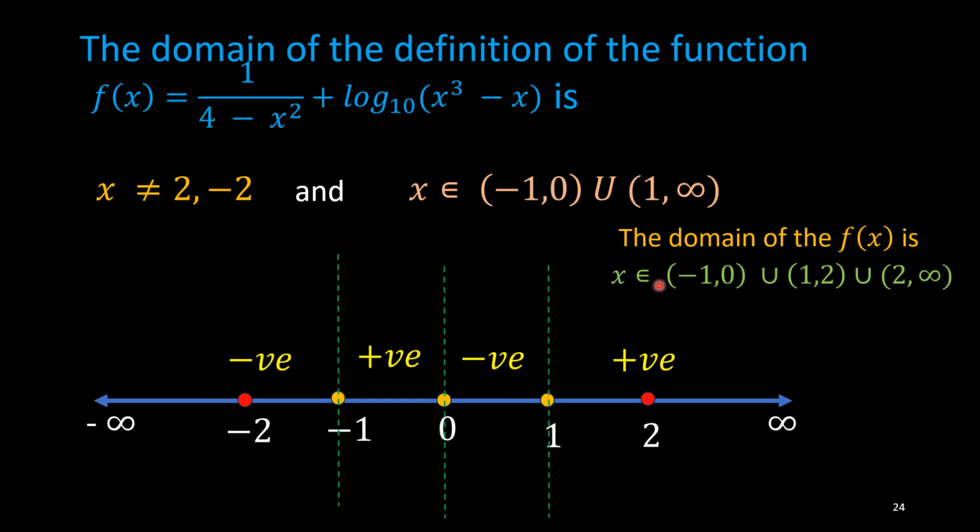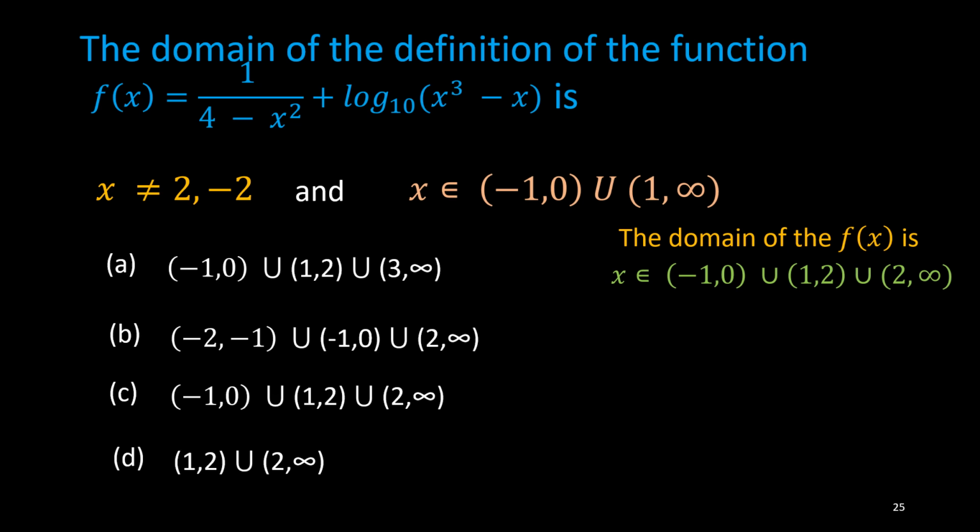So I have these three separate regions: one is -1 to 0, another one is 1 to 2, another one is 2 to infinity, and it will be the union of these three. Okay, so this is the domain of the function. Thus these are the 4 choices. Now you can notice that option C is exactly matching, so C is the correct answer.